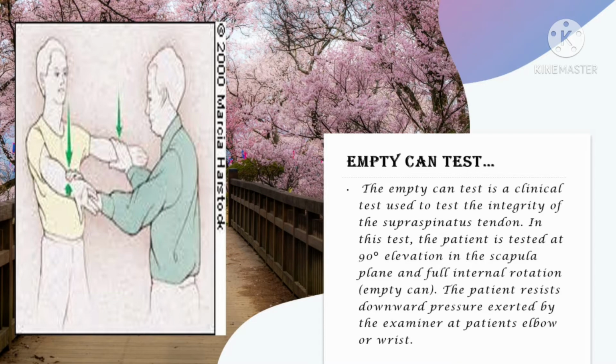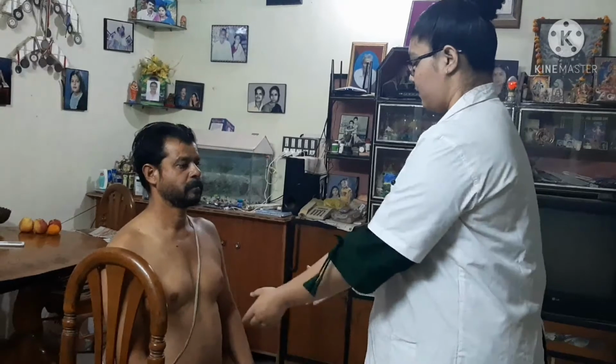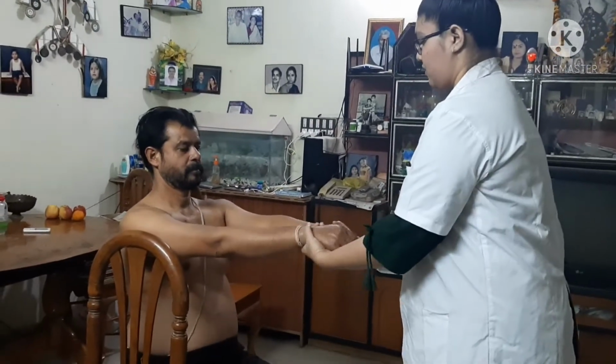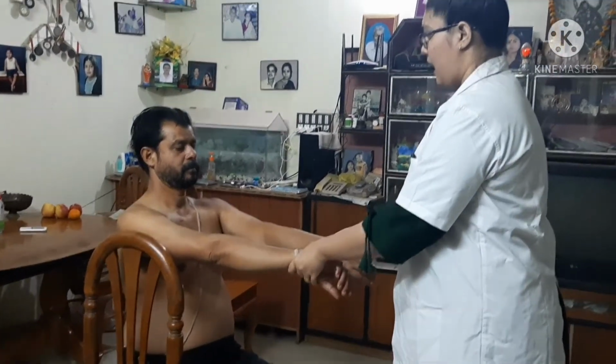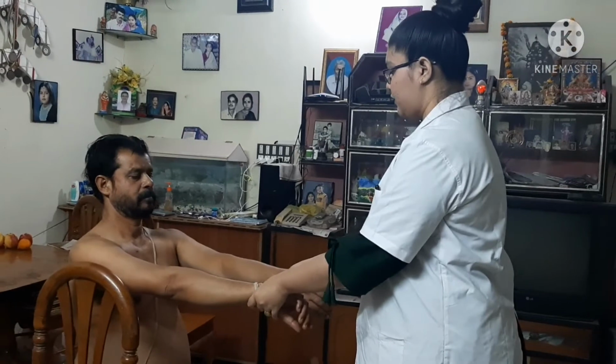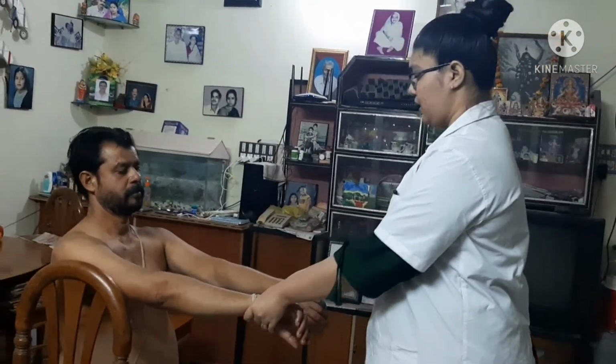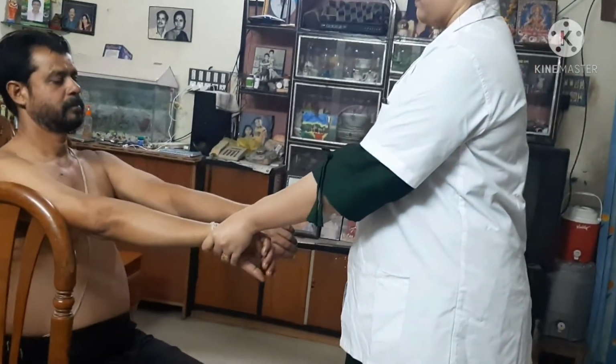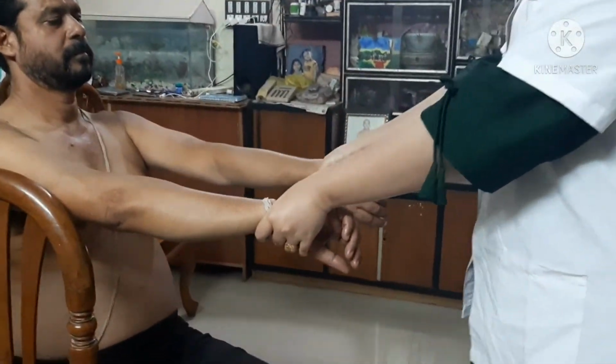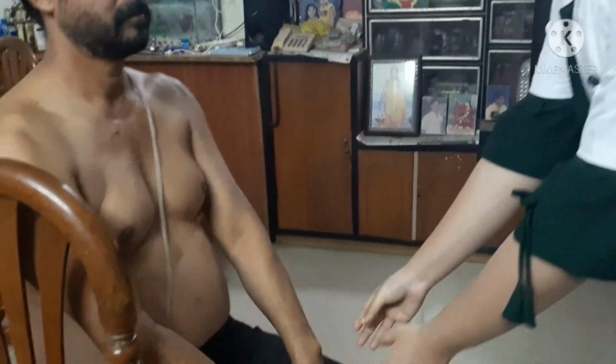This picture shows the empty can test being performed. Give me your hands. Now I'll put pressure on your hands and you try to push it away. You have to resist my pressure, okay? Start. Okay, that's fine. Relax.